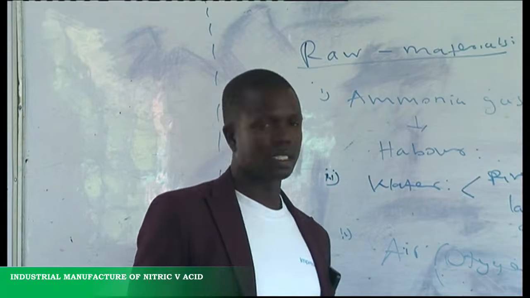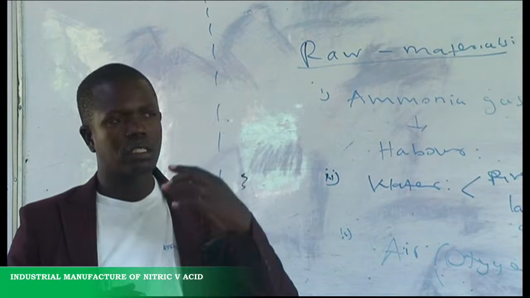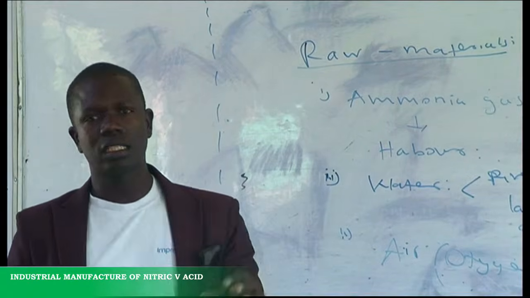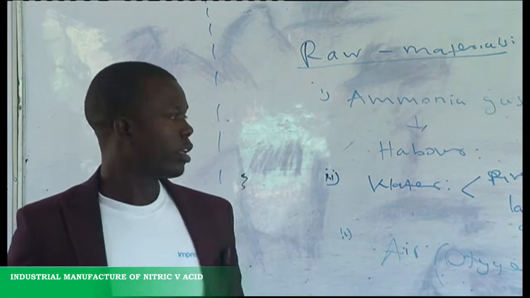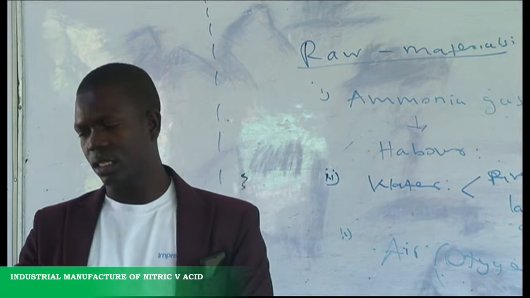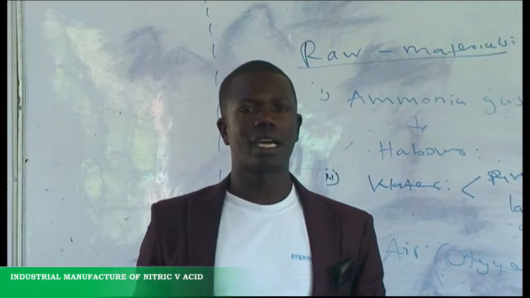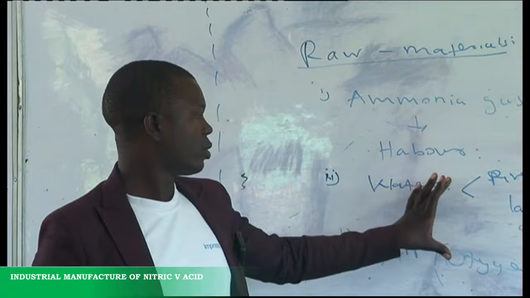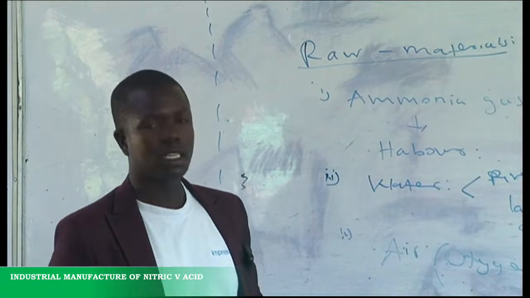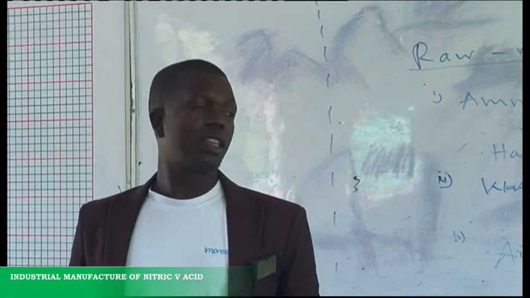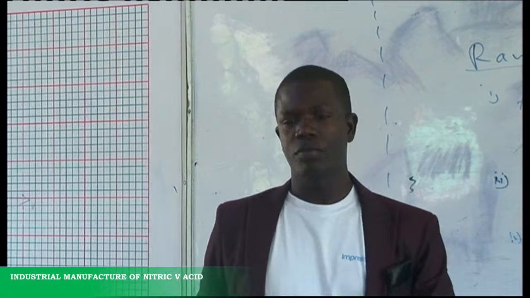To remove dust particles, carbon (IV) oxide, and any other traces of impurities. The reason why we remove those impurities is because they are most likely to poison the catalyst if they are allowed in the reaction. That is why they are removed in a purifier.